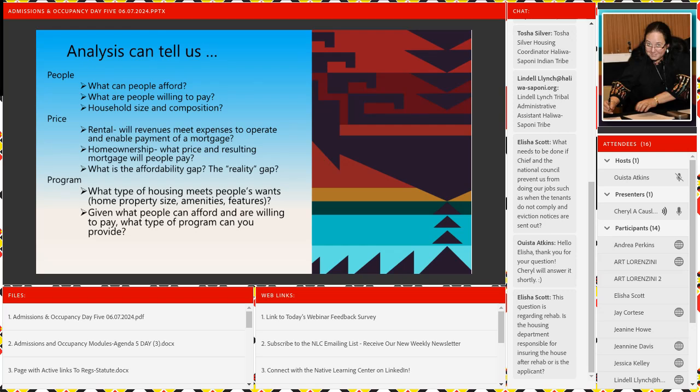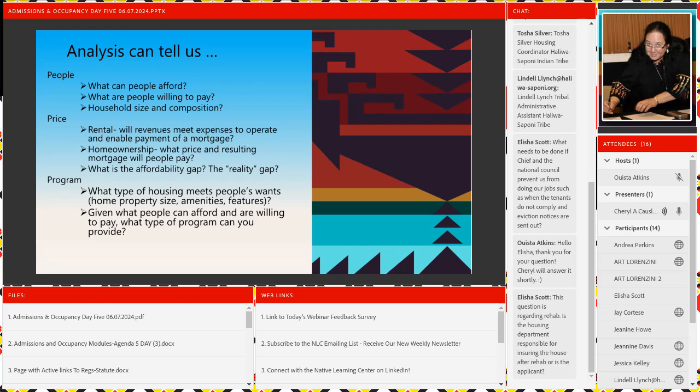Your price. So your rental, will your revenues meet your expenses to operate and enable, if you're going to offer a mortgage program, a mortgage? Home ownership, what price and resulting mortgage will people pay? What is your affordability gap?